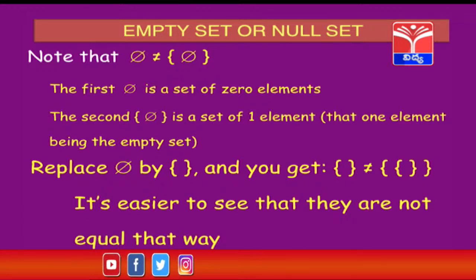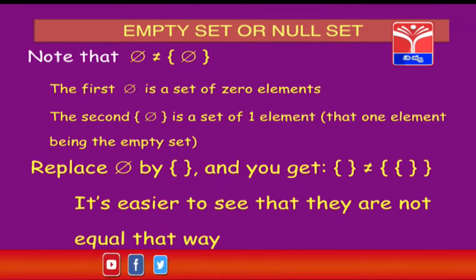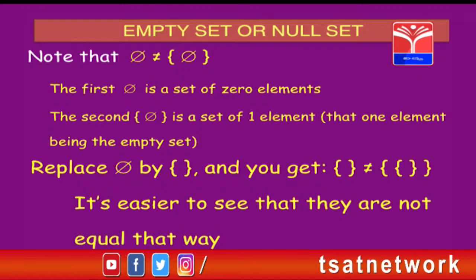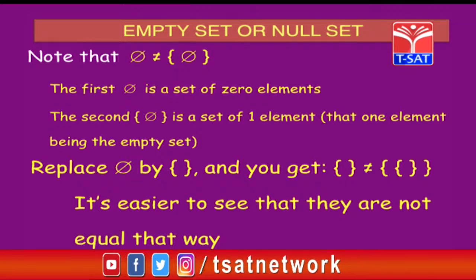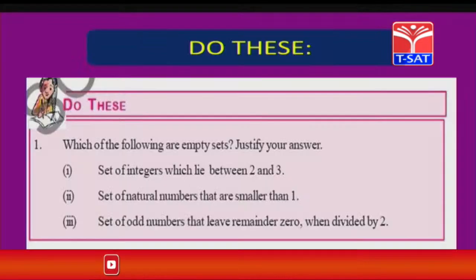The second set is a set of one element, that one element being the empty set. Understand? Again you see here, the empty set is not equal to a set of an empty set. It is easier to see that they are not equal that way.